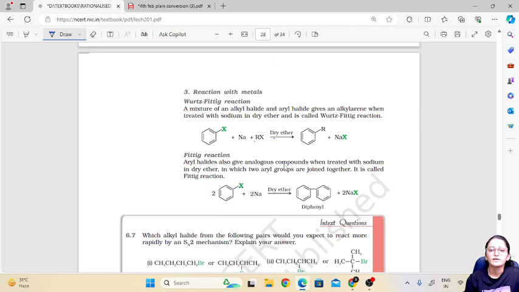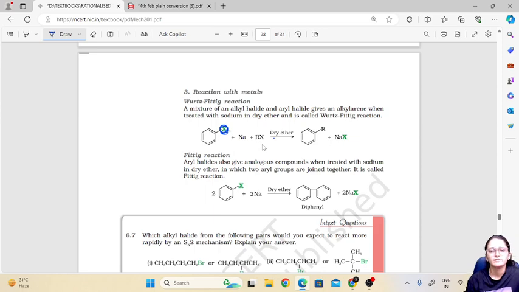The halogen is replaced by R, that is the alkyl group from the alkyl halide, and we get an alkylbenzene. We have already seen the Wurtz reaction in the previous section of this chapter. This is Wurtz-Fittig because here there is involvement of the aromatic ring.